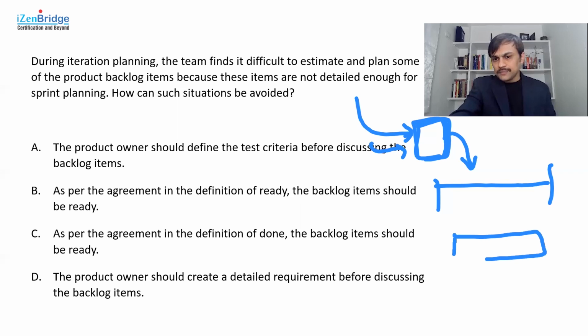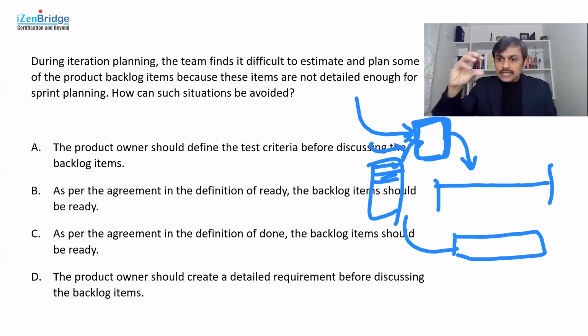It can be done as a part of a meeting in the previous iteration or differently. In the product backlog, that item should be well refined, well understood, so that when the team works on it, at least those items which are expected to get done in this particular iteration should be well understood and well refined. Now, what is well understood? What is well refined? How do we have a common understanding of it?